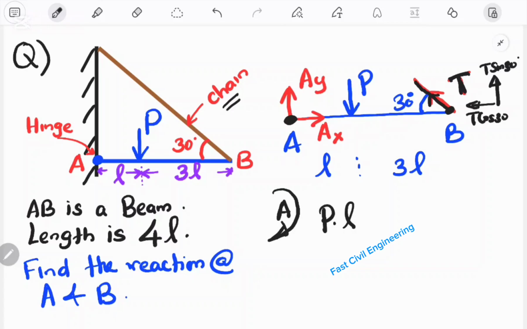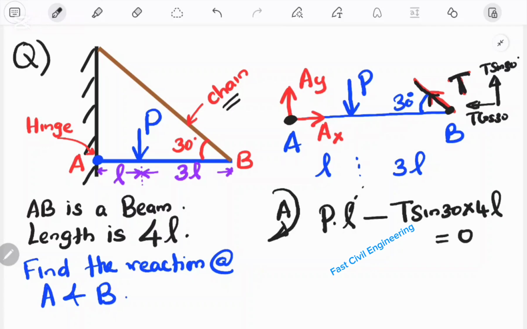Here, T sin 30 is anti-clockwise, therefore minus T sin 30 into 4L. This distance AB is 4L, equal to 0.